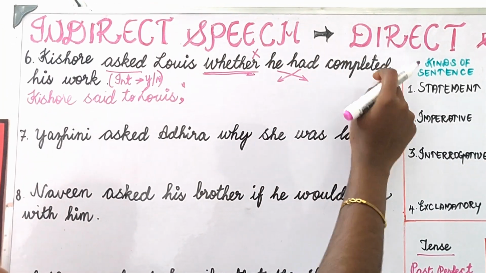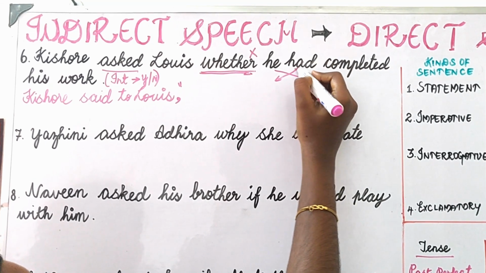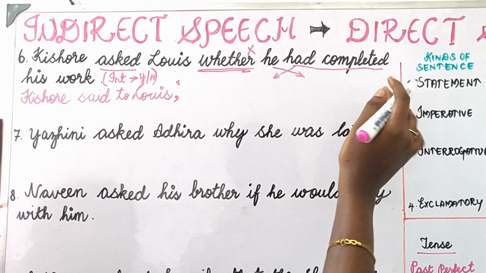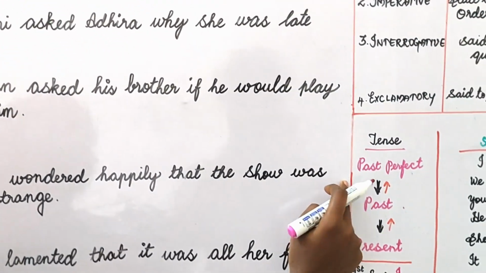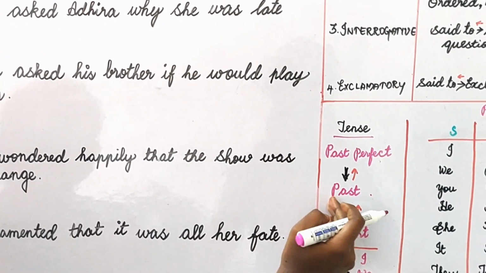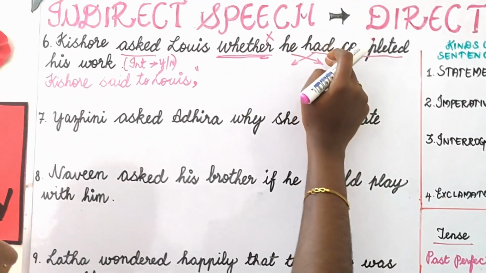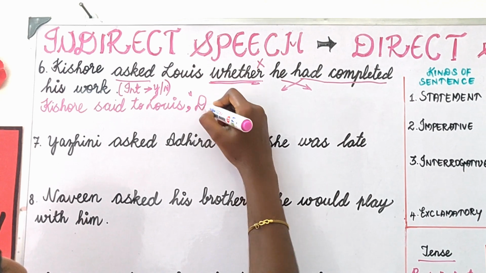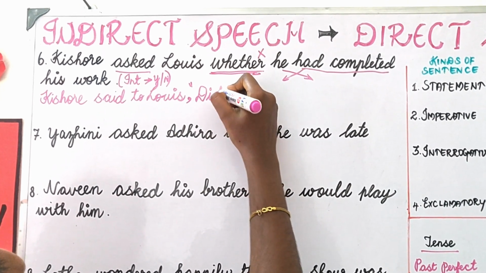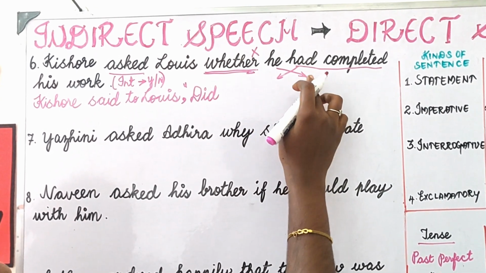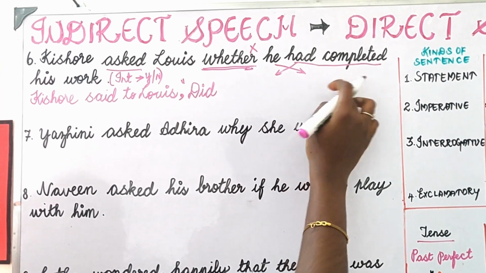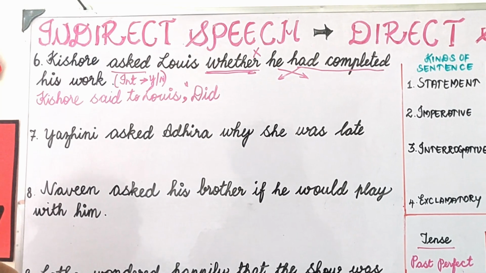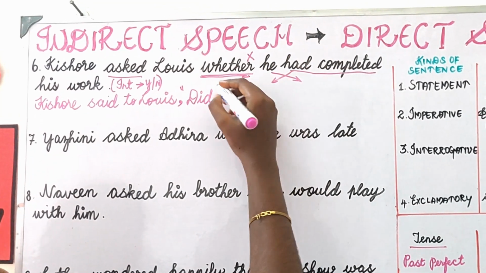Okay. He had completed. First of all, see the tense. Had completed, past perfect tense. So, past perfect should be reversed as past tense. So, what's the past tense of had plus completed? Did. Okay. So, past tense, when you want to start a sentence or start a question with the past tense, the auxiliary is did. Okay. Then he comes back.